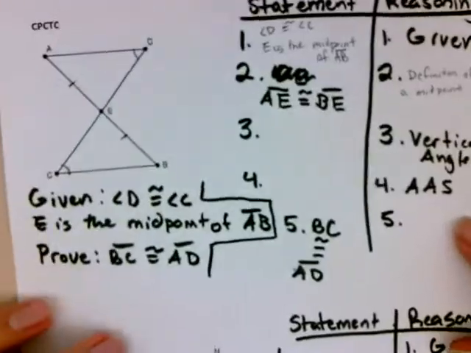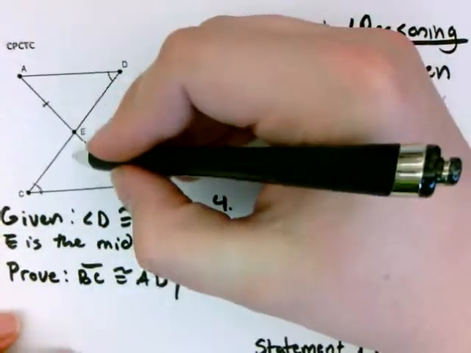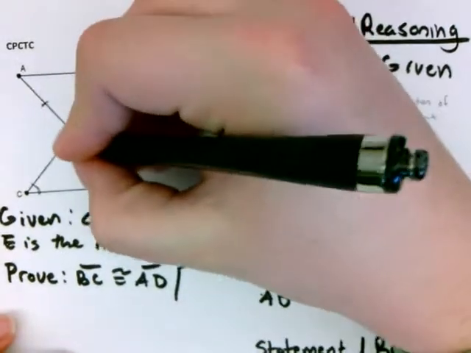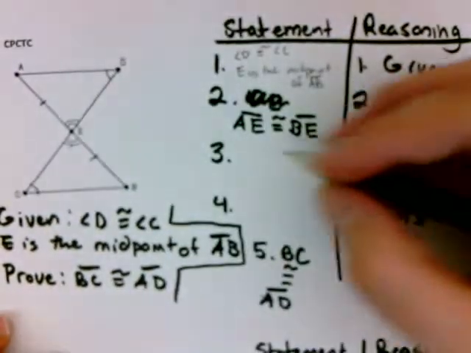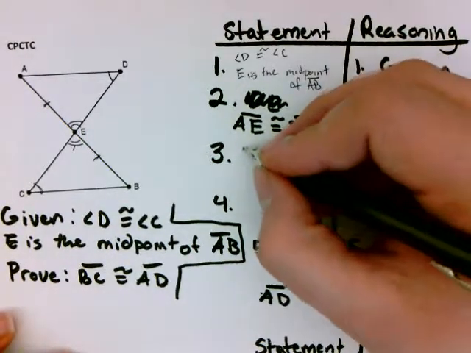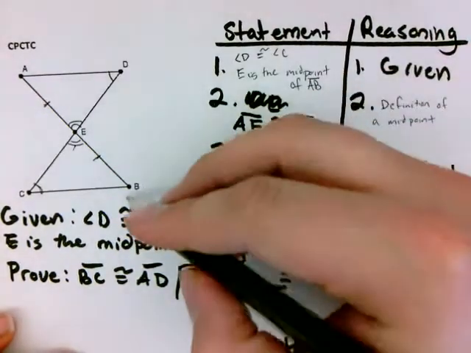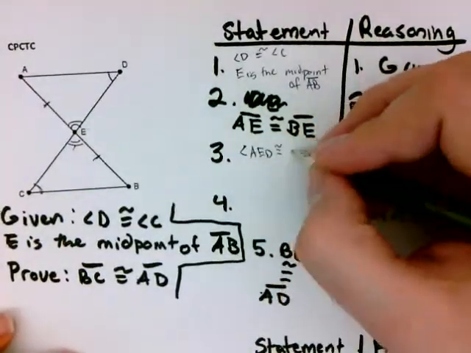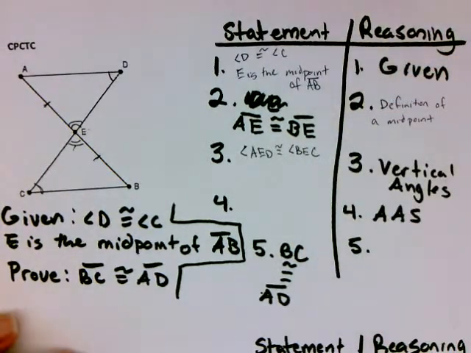Alright, next one, talking about vertical angles. So let's find the vertical angle. That's this one and this one. So these two are congruent. This is AED. So we say angle AED is congruent to angle BEC, because they're vertical angles.